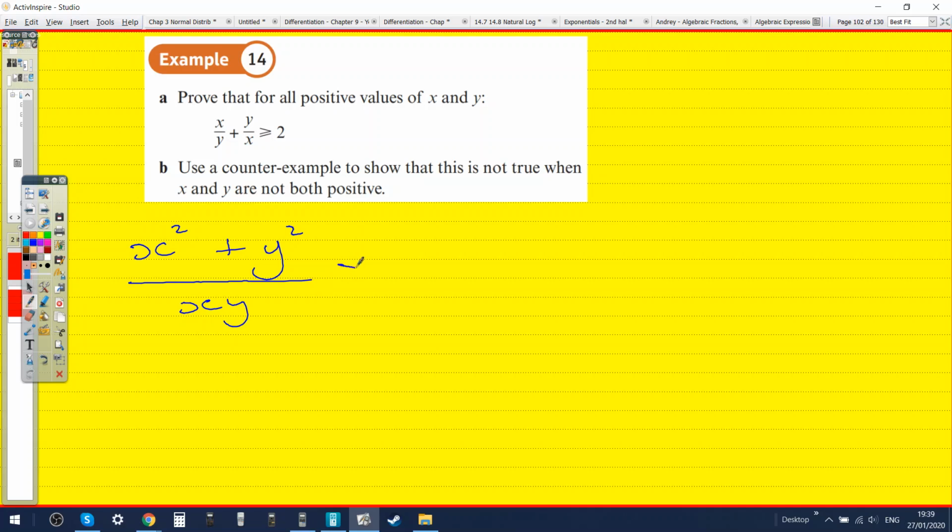You're saying that's greater than or equal to 2. What could you do next? Do x squared plus y squared is greater or equal to 2xy? Or, I don't know. x squared plus y squared.